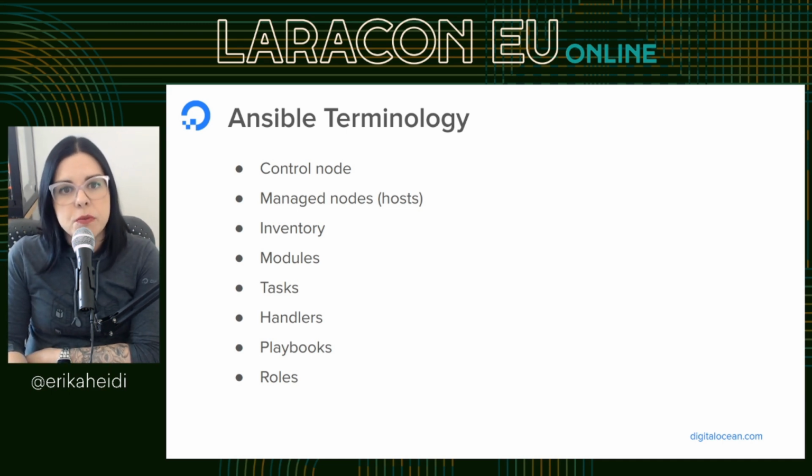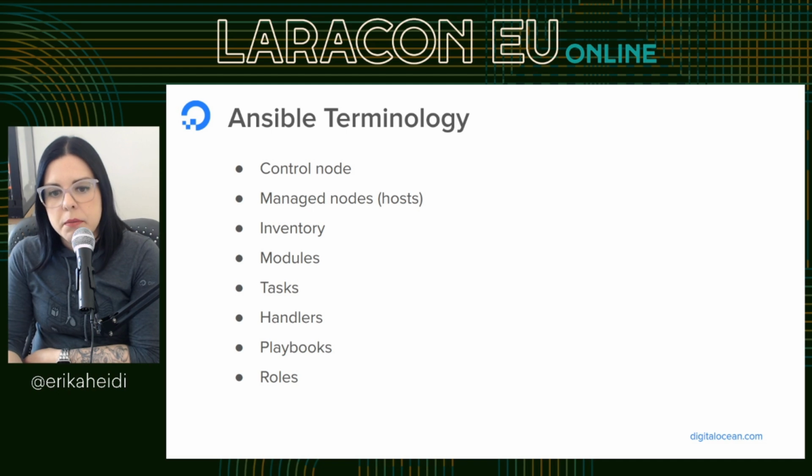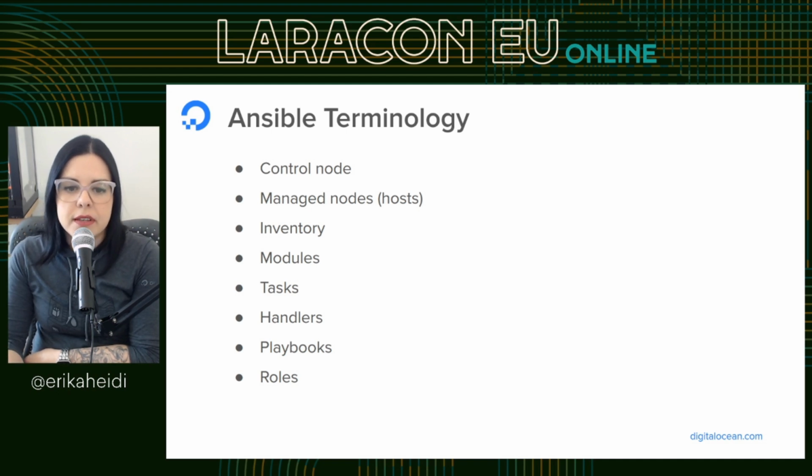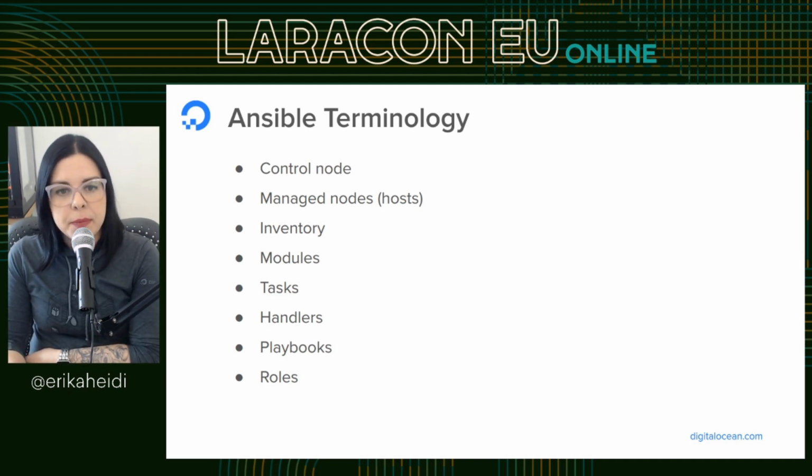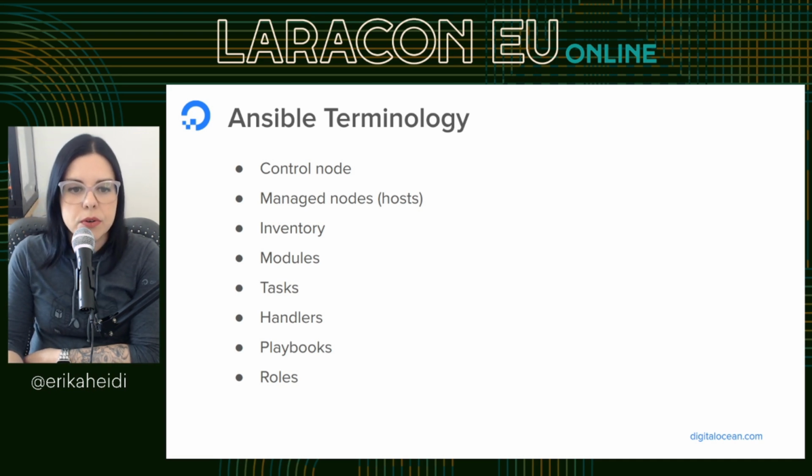Handlers are used to manage services, such as restarting Nginx, restarting PHP-FPM, restarting the database, or stopping a service, and so on. A playbook has a collection of tasks and can also have variables and a few other directives to specify details about the execution of that playbook, where it's targeted, and so on.